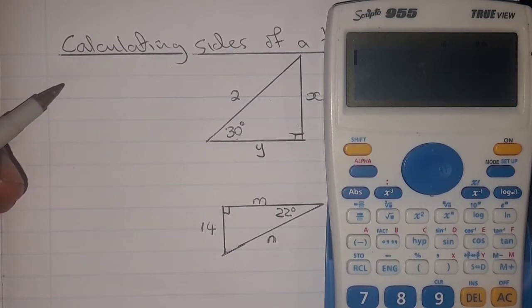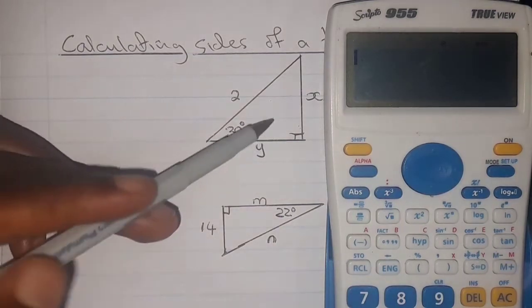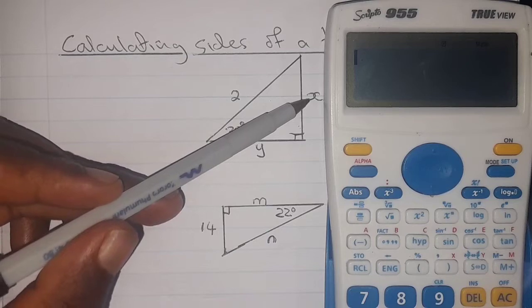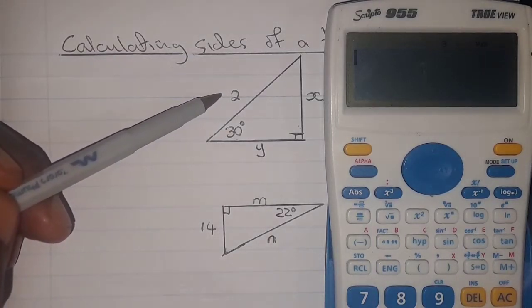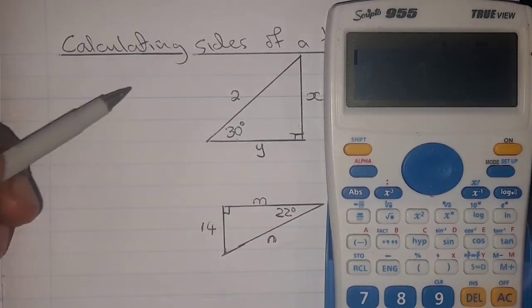Now, to get x, you need to ask yourself this question. There is the angle, we have the opposite, and we have the hypotenuse. Of the three trig ratios that we have looked at, which one has both the opposite and the hypotenuse?